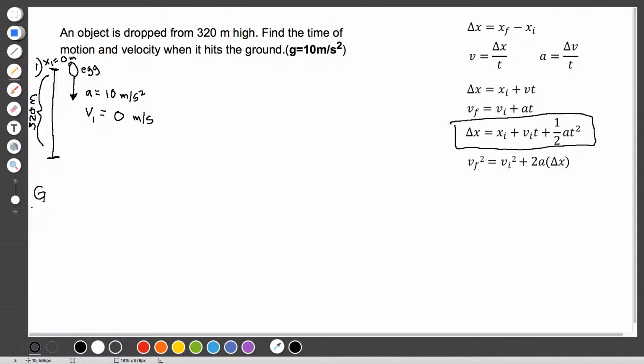So we drew our diagram, and now let's go through and find our givens. Here's one, 320 meters high, and here's the other one, the acceleration of gravity, 10 meters per second squared. Those are the two that are given to us in the problem.